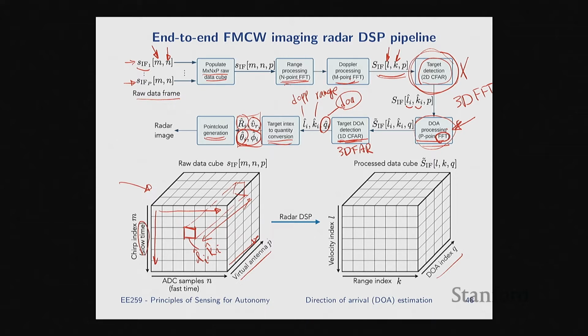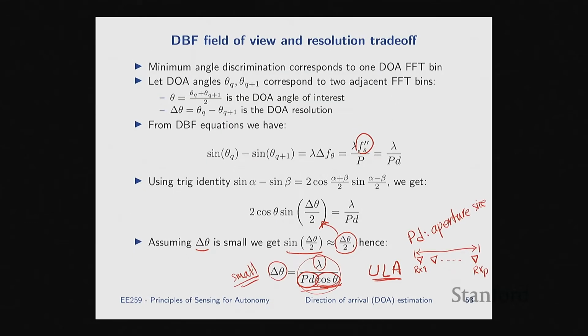Another way to think about it is, let me try to sketch it on this slide. If these are the elements of your virtual array that are a distance d apart, and you have some incoming echo wave at some angle from a target, these antennas are going to sample the phase of this wavefront at positions that are d apart.